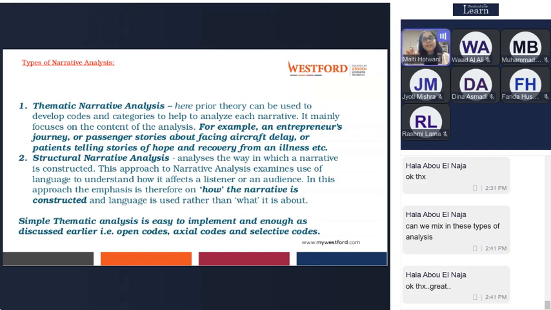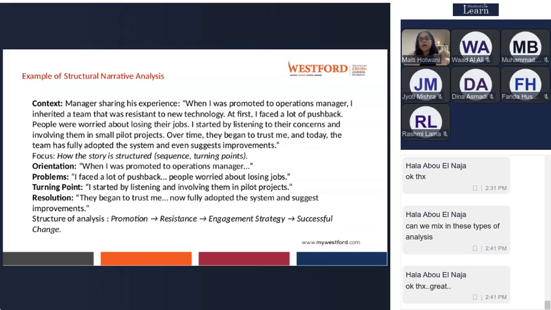Fine. Now, in narrative analysis, there are two types: thematic and structural. Here, codes and categories help us to analyze each narrative. First, you will do your codes and categories as you have done earlier, but now you will analyze them to understand how a particular theme is developing, or how the relationships are happening, or how one entrepreneur's journey is moving from one place to another.